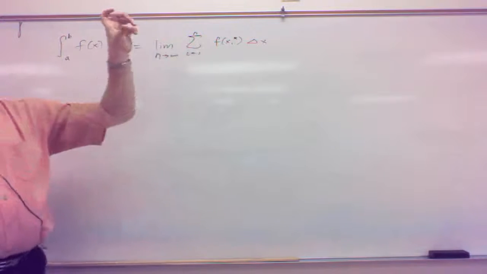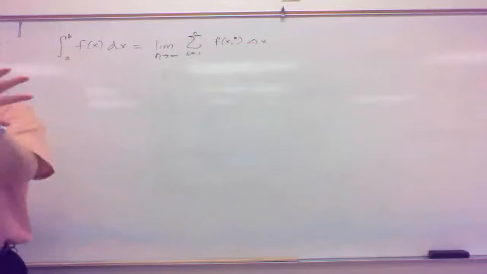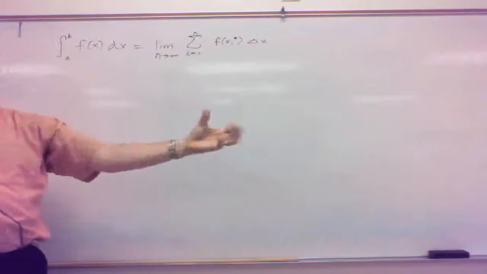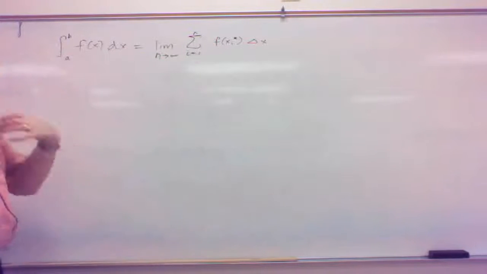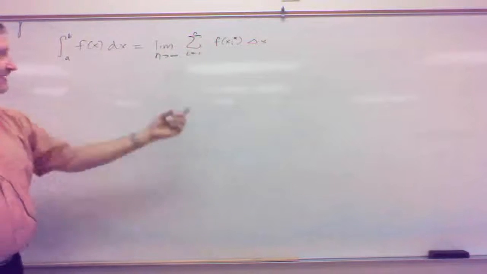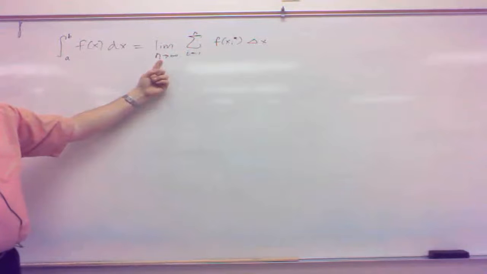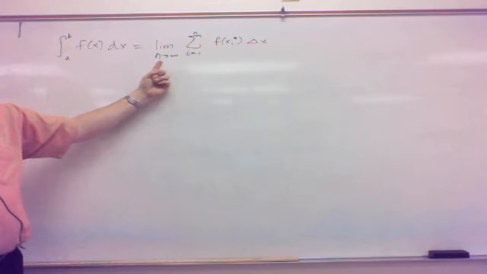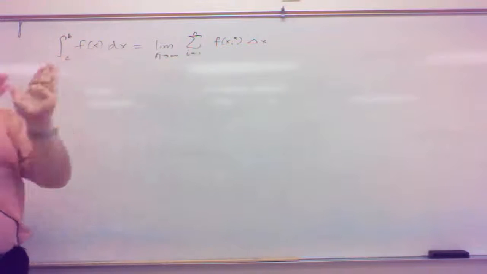Well, we started with 4 rectangles, and we go to 10 rectangles, we go to 50 rectangles, because the more rectangles you get, the better. And this is the ultimate, because it makes infinitely many rectangles, so we're running our rectangle numbers to infinity.